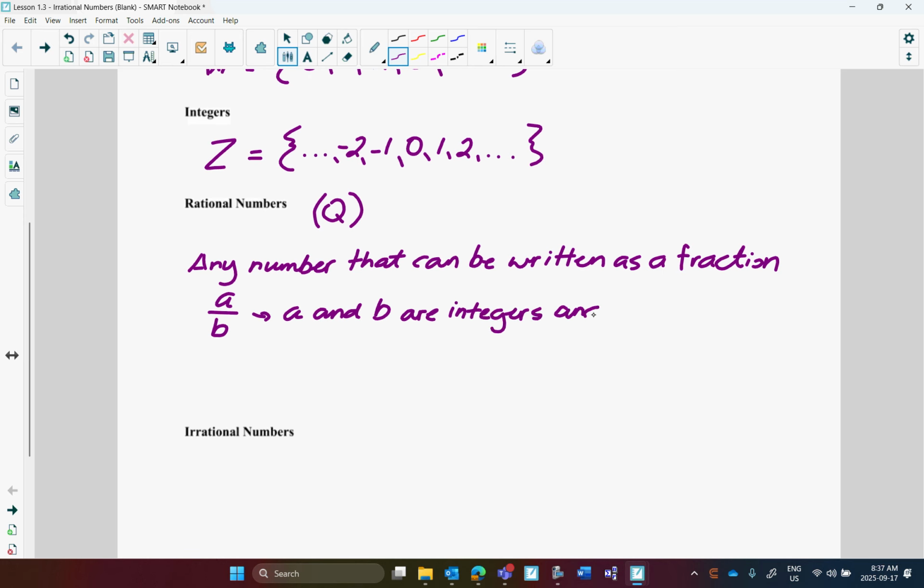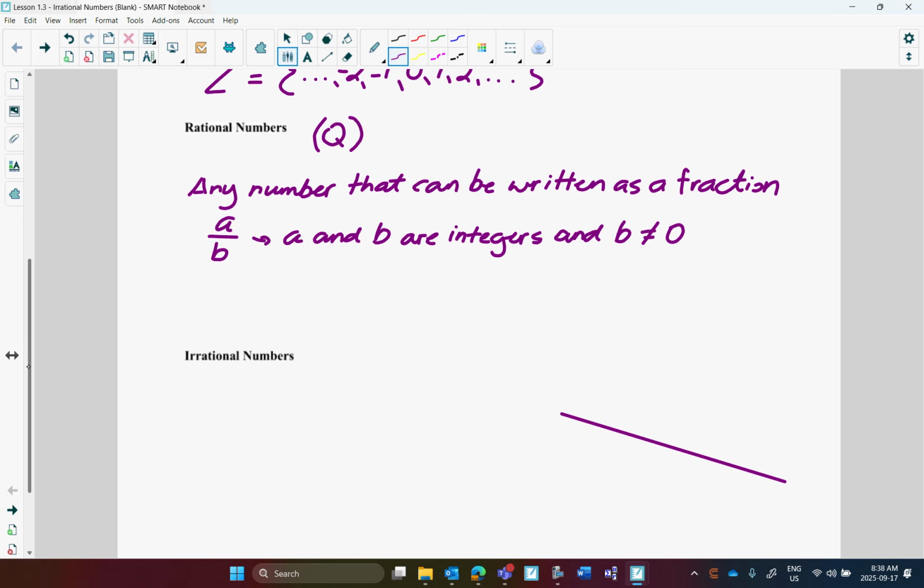And that notation is B cannot equal 0, because we can never divide by 0. So A and B can be any integers except B can't be 0. So what do all these numbers include? All the ones above. Because I can write all these numbers above as fractions.